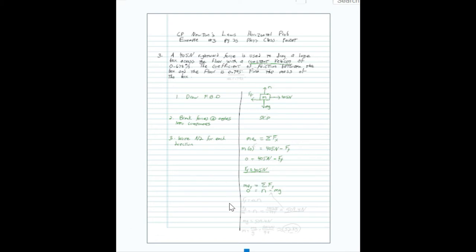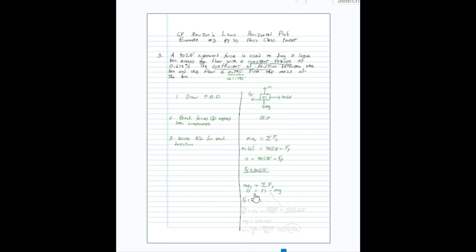I have to think about what else do I know that I can use to help me here. One thing they told me that I haven't used yet is the fact that the coefficient of friction is 0.795. In other words, mu equals 0.795. Now, if you remember, there's a relationship between mu, the frictional force, and the normal force. Force of friction equals mu times N. Now check this out.